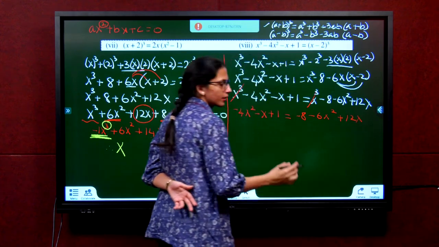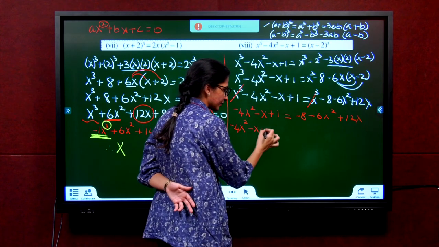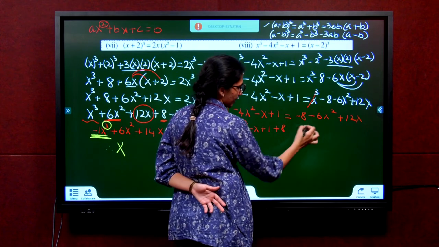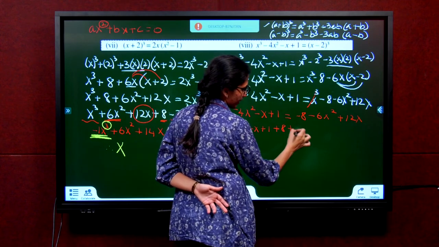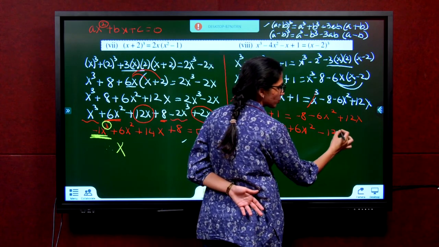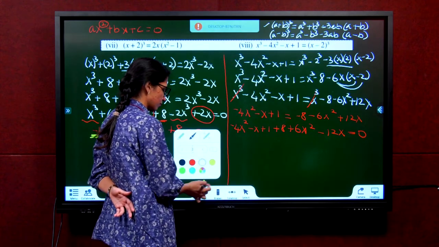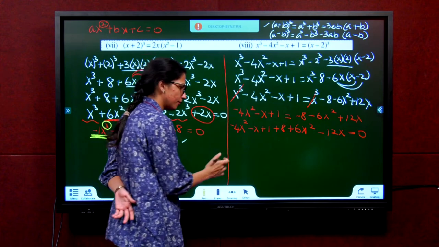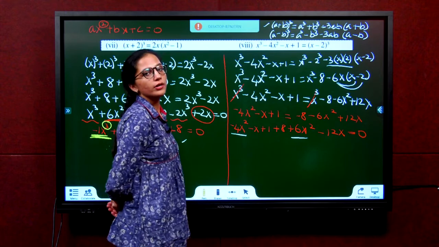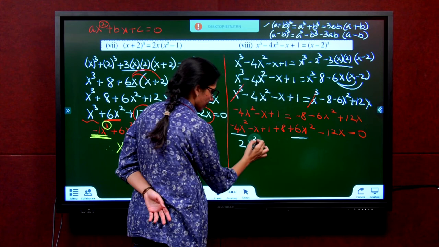Bring everything to one side. Minus 4x square minus x plus 1. Minus 8 comes this side, plus 8. Minus 6x square comes this side, plus 6x square. Plus 12x comes this side, minus 12x is equal to 0. So now combining the same terms, x square term, minus 4 plus 6 plus 2, x square.